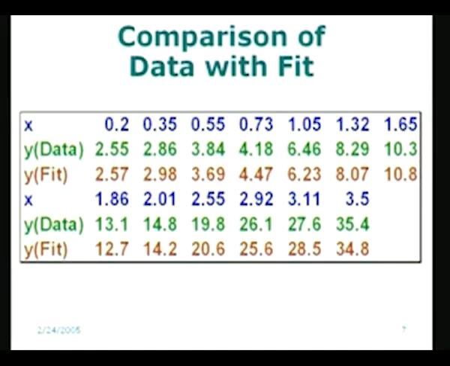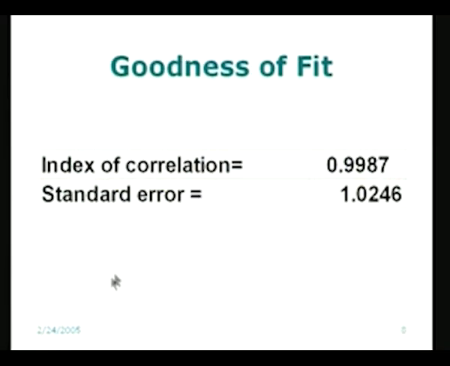Therefore, the number here is about 13, instead of 13 I am going to use 13 minus 3, 10. Therefore, that is going to give me the expected error or the standard error, and it comes to 1.0246. I can round it up to 1.03, for example.